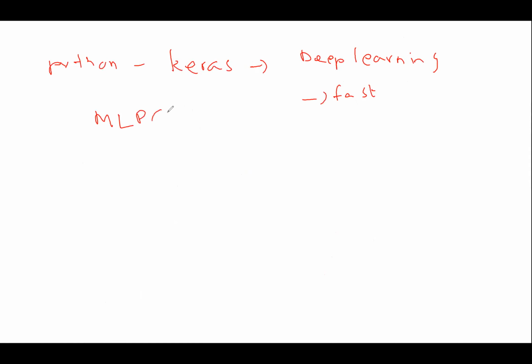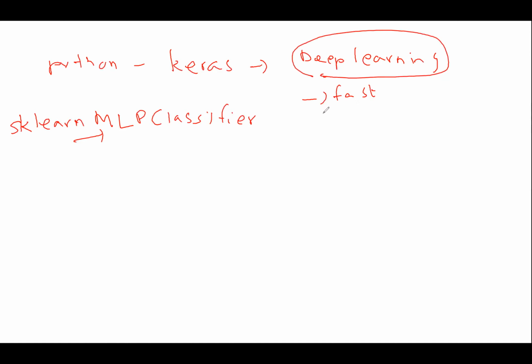Last class we saw the MLP classifier in the sklearn library. The MLP classifier is a fully connected neural network, and it will learn different classes. But anything which has lots of hidden layers, lots of input neurons, and lots of neurons per layer, we use deep learning. This has to be built fast, and it should be easier to code.